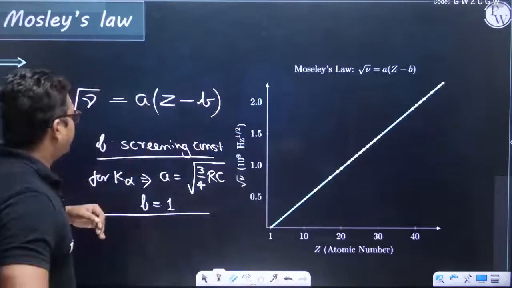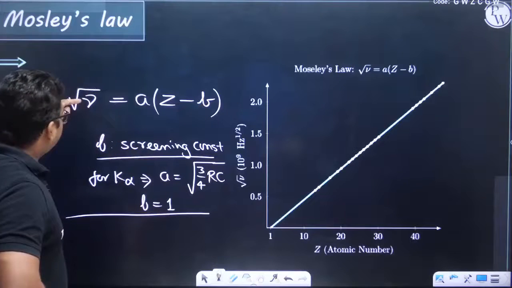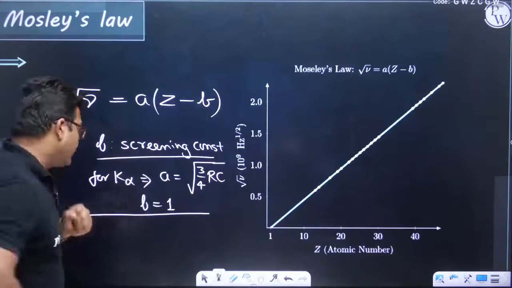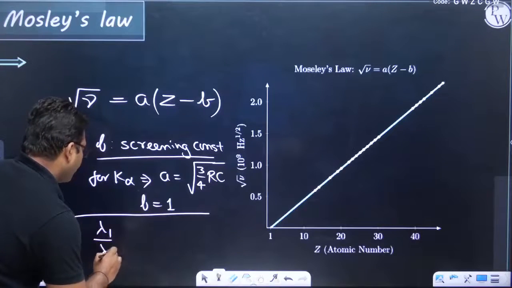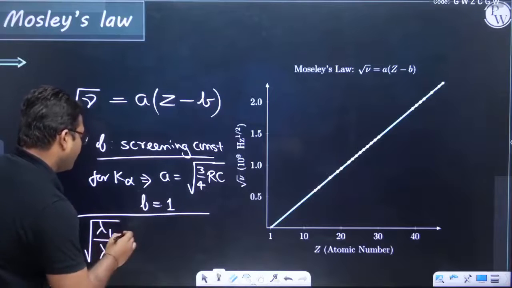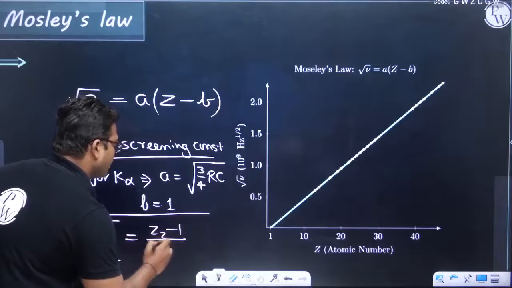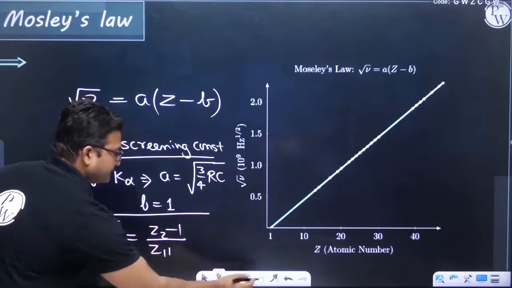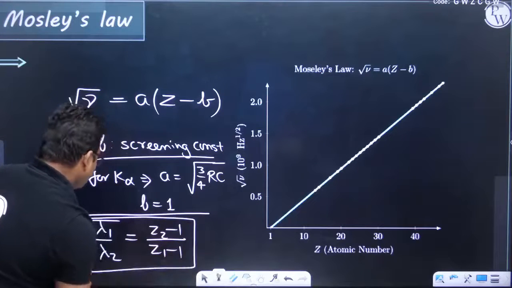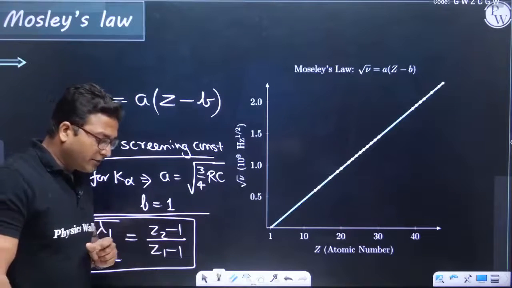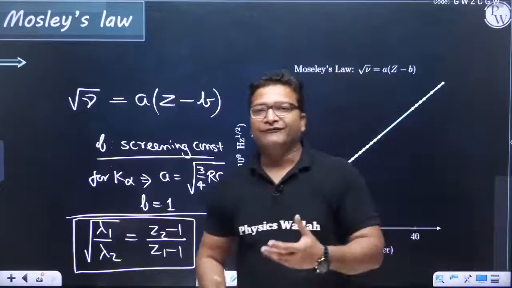As you can see, for the k alpha line we have B as 1 and frequency is inversely proportional to wavelength. So obviously square root of lambda 1 by lambda 2 would be equal to Z2 minus 1 upon Z1 minus 1. So this way you can compare the two characteristic wavelengths of the same kind with respective atomic numbers of the metals.